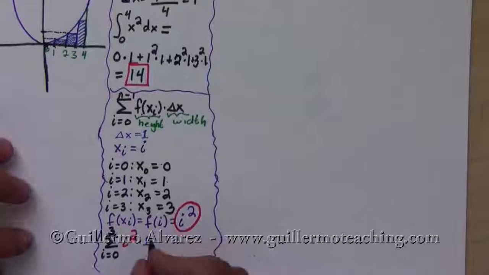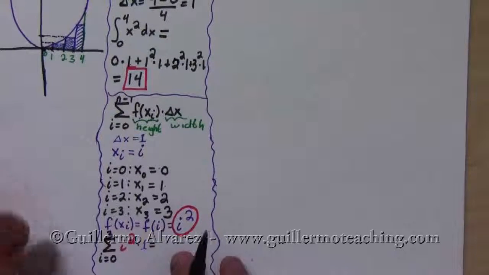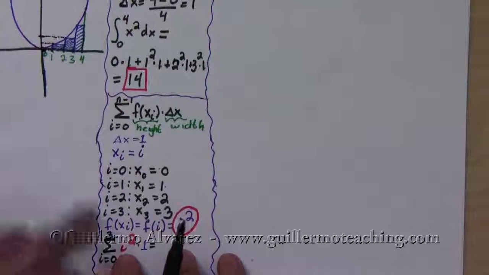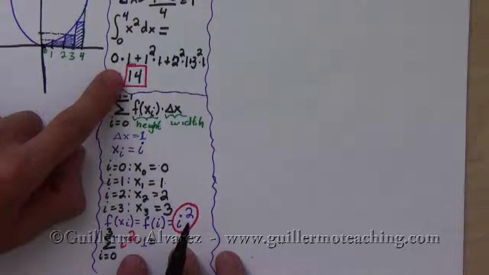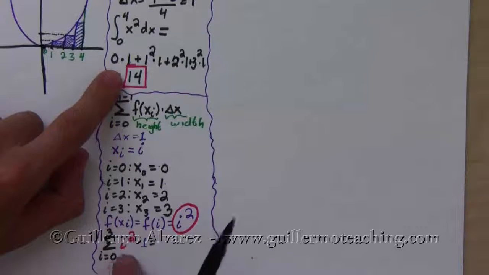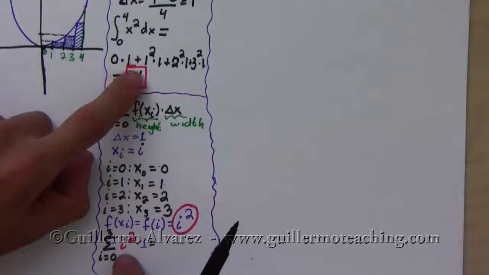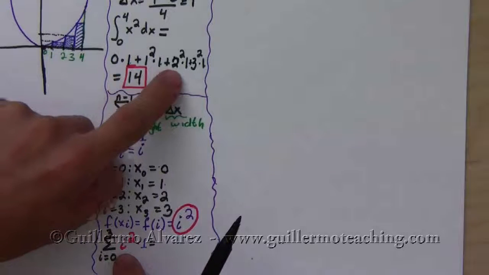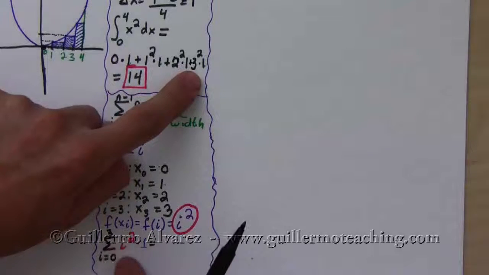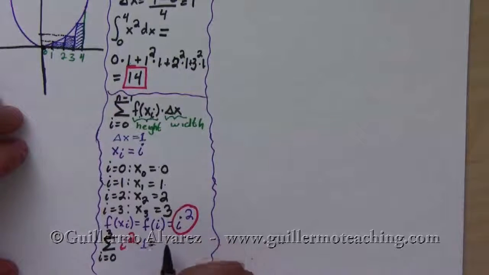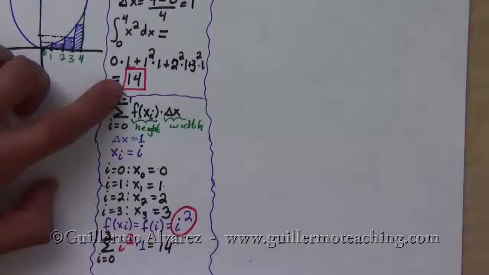And notice that if you expand this sum, what you basically get is this guy that we have up here, because this is going to be 0 squared times 1 plus 1 squared times 1 plus 2 squared times 1 plus 3 squared times 1. And this is equal to 14, just like we found up here.